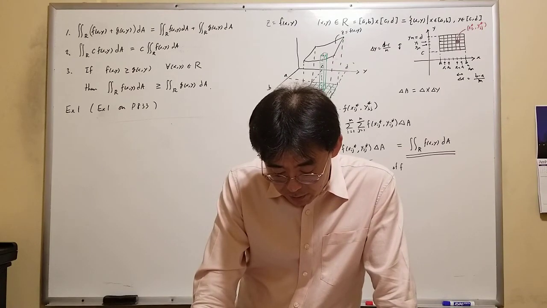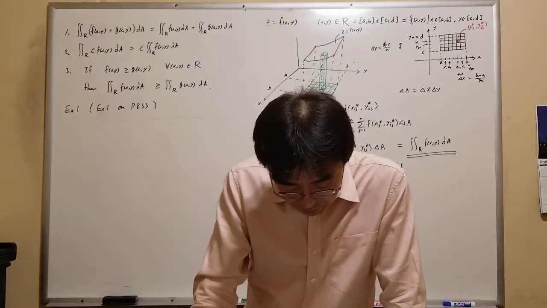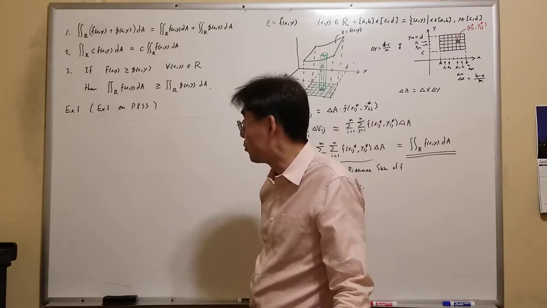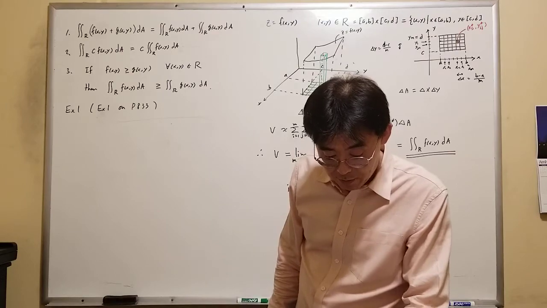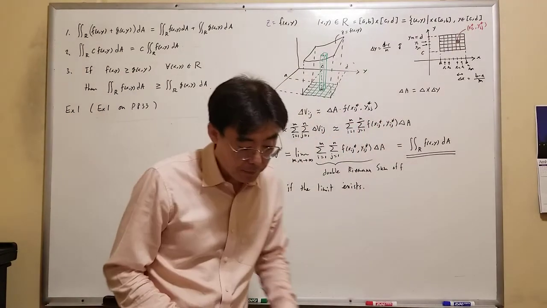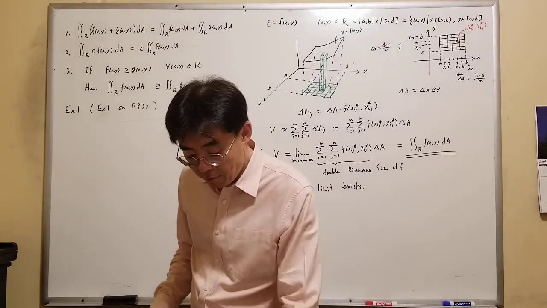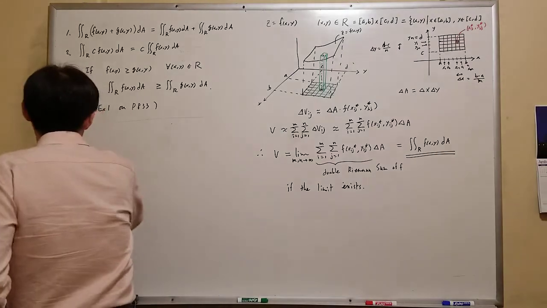Sketch the solid and the approximating rectangular boxes. It is very hard to draw, so I'm just going to refer to the picture in the textbook. You see that? They say 4 equal squares.